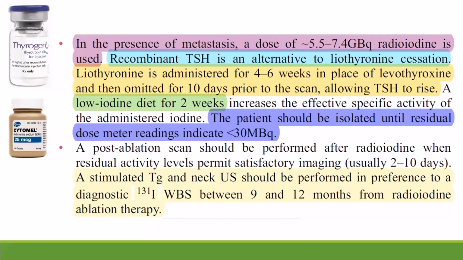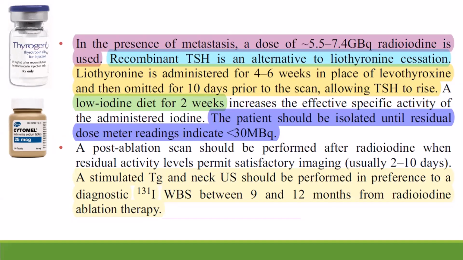How to bring TSH into the hypothyroid stage, TSH more than 30? In this situation, we have 3 options. One of them is stopping levothyroxine for 4 weeks. Another one, if the patient is on liothyronine, we should stop liothyronine before the dosage by 2 weeks.